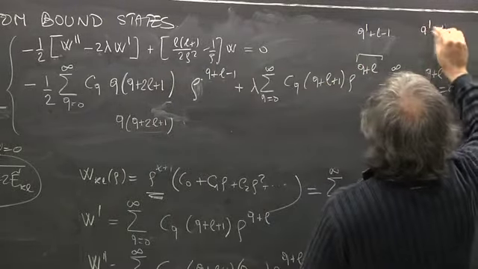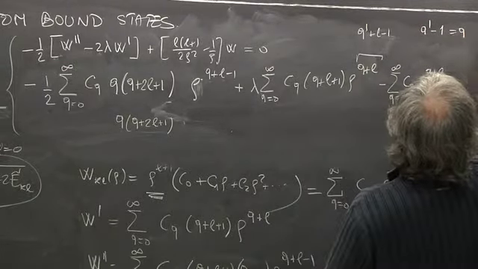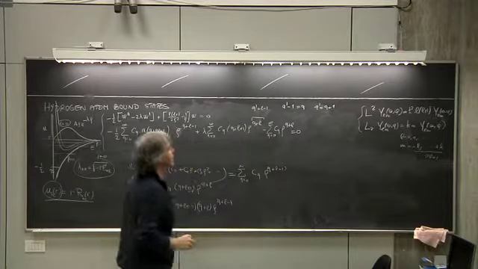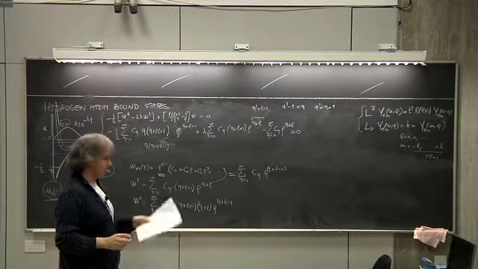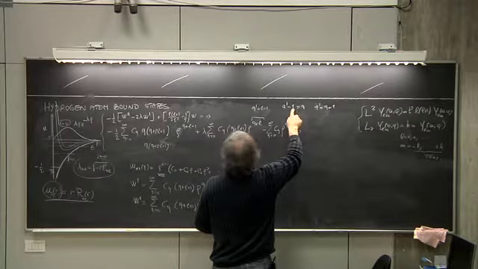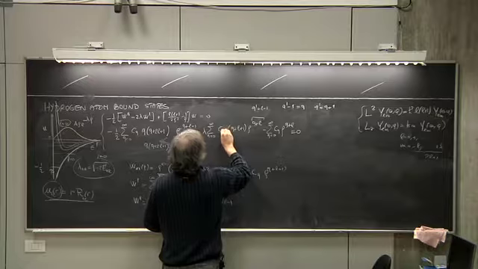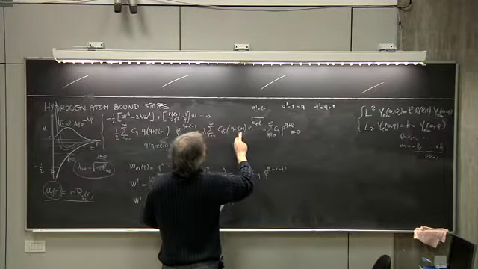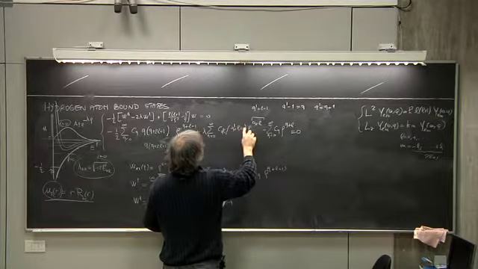Q prime minus 1 is simply equal to Q, so Q prime is equal to Q plus 1. Let us rewrite things in terms of Q prime rather than Q. Wherever I see Q, I should put Q prime minus 1. Q plus 1, by the way, is just Q prime.